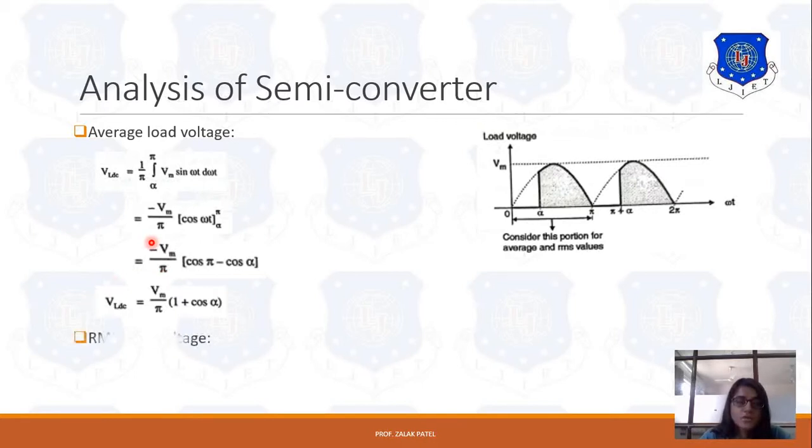Now if we want to calculate the root mean square value of load voltage, it will be like this: VL RMS is equal to 1 upon pi, integration from alpha to pi, of Vm sin omega t. Since the root mean square value is taken, we square the voltage: Vm square sin square omega t, raised to 1 by 2.